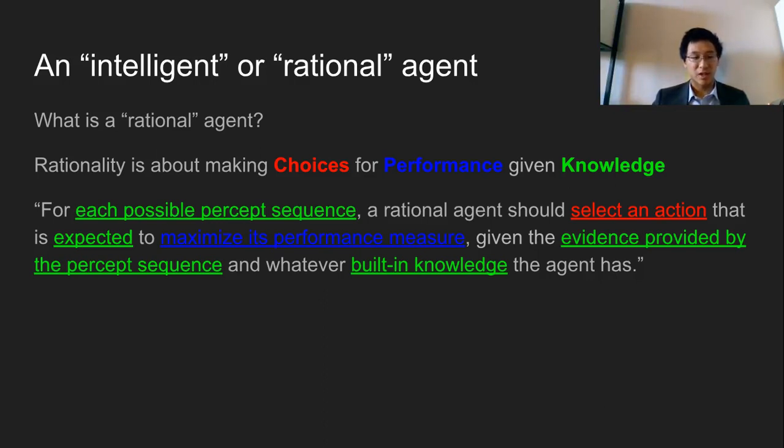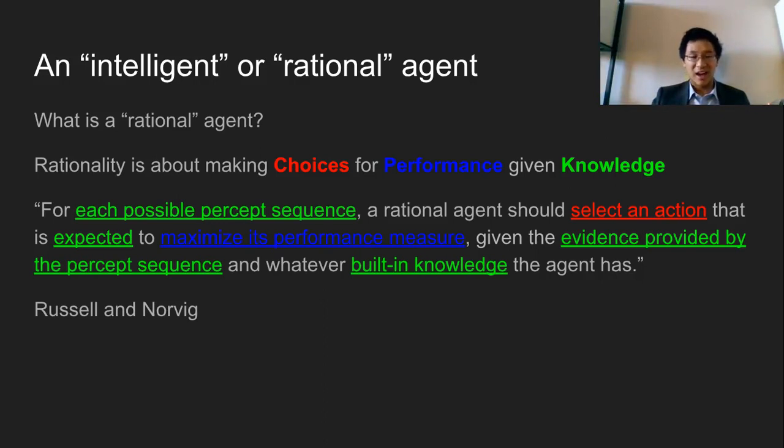And the evidence provided by the percept sequence goes back to what we talked about earlier. Built-in knowledge is also a part of it. What the agent already knows about the environment, the problem itself, things that maybe it had before the percept sequence, that stuff is relevant to whether or not it's being rational as well.